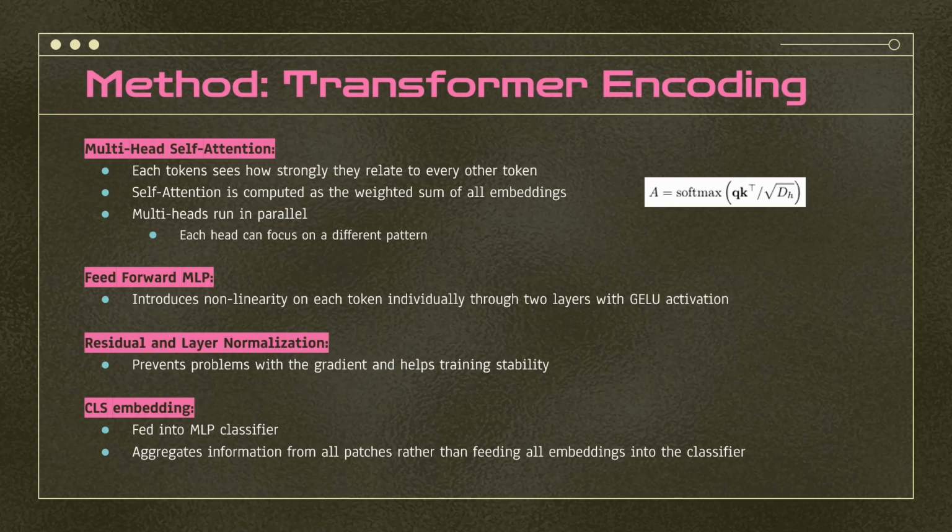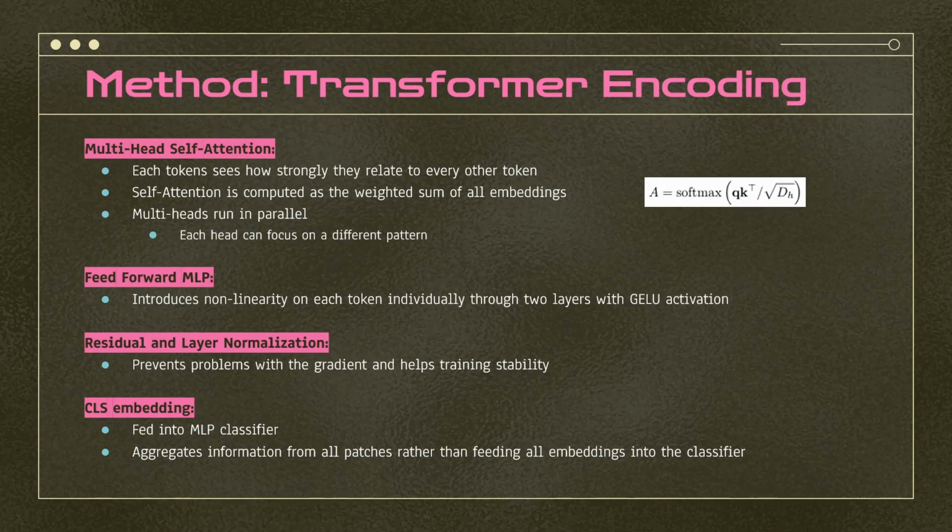So as far as the transformer encoding, we have multi-head self-attention. Basically, each token, each patch, sees how strongly it relates to every other patch. It's computed as a weighted sum of all embeddings given by our equation there.